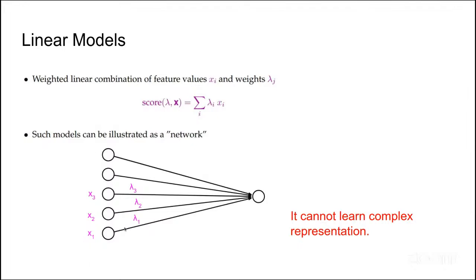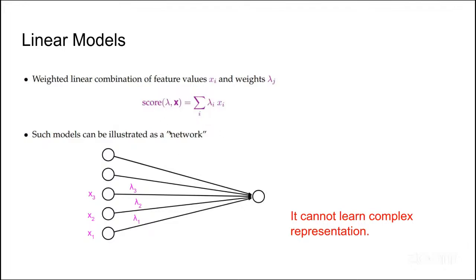Or maybe you want to learn an XOR function. The XOR function is a very simple function where 1, 1 gives 0, and 0, 0 also gives 0, while 1, 0 gives 1, and 0, 1 gives 1. The XOR function is not a linear function, and no values of lambda i can ever learn an XOR representation.